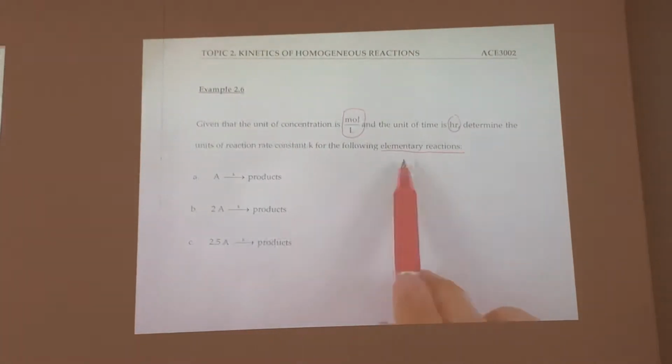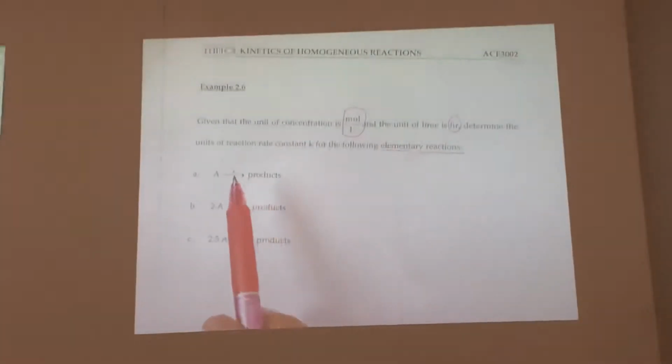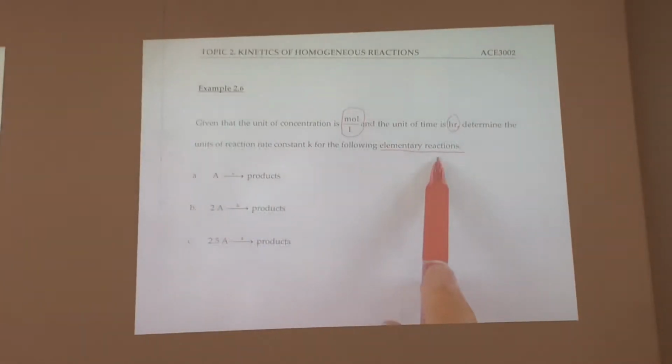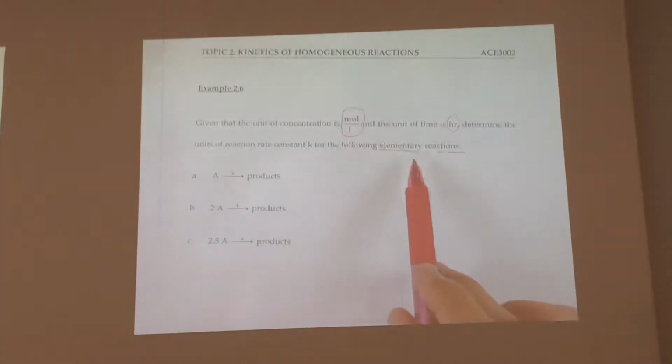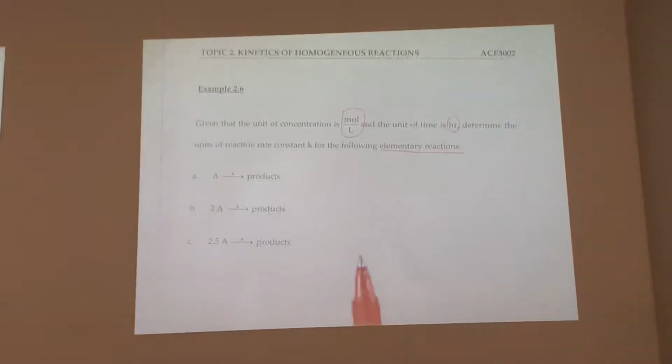Just now I emphasized this, spending about 5 to 10 minutes on it. Now you can see it is an elementary reaction. It means that the stoichiometry corresponds to the order of reaction. Remember, elementary means stoichiometry is the same as the order of reaction.